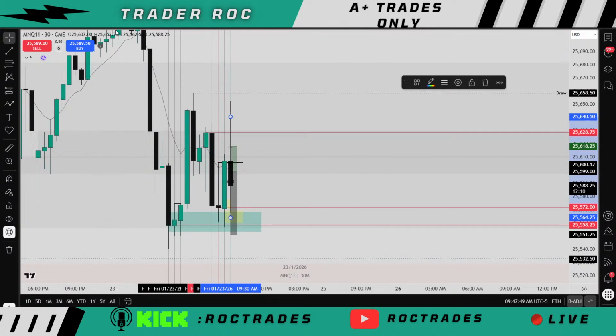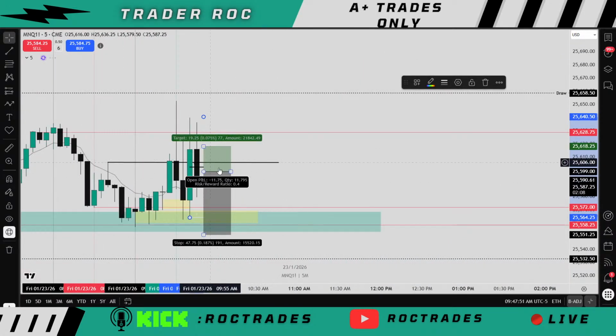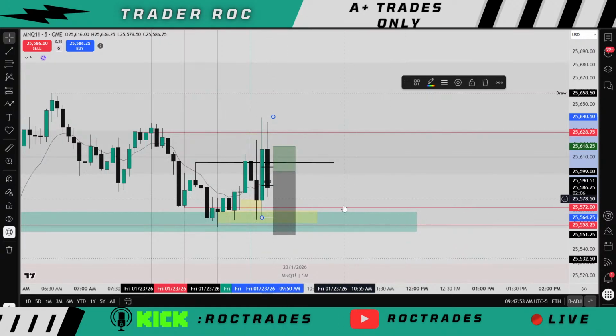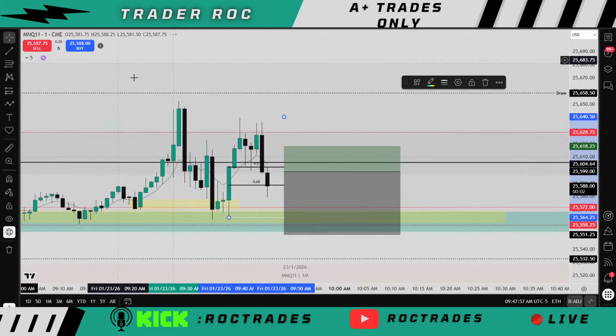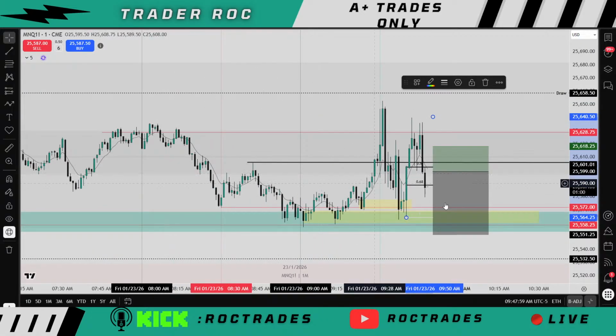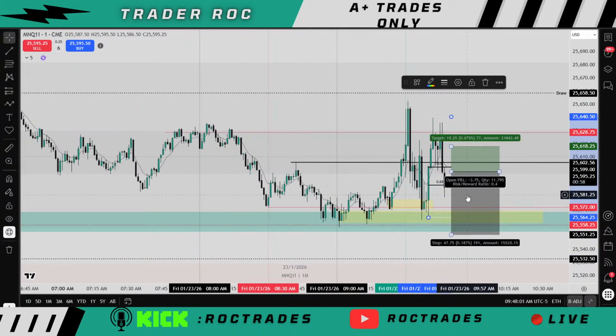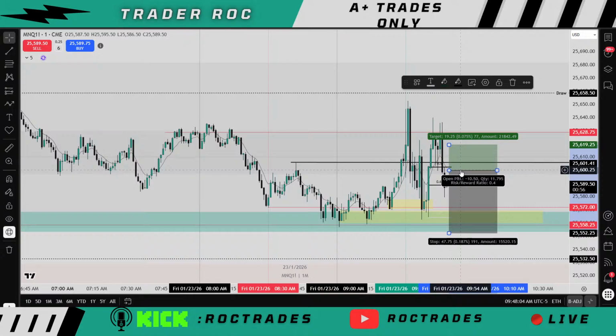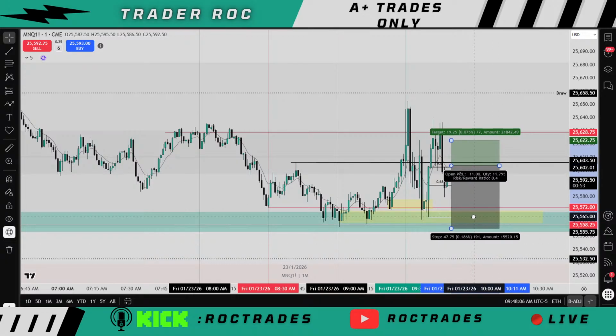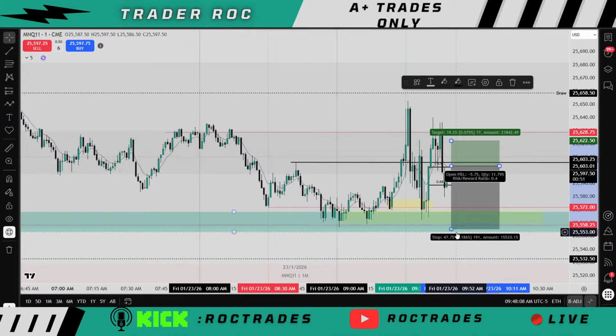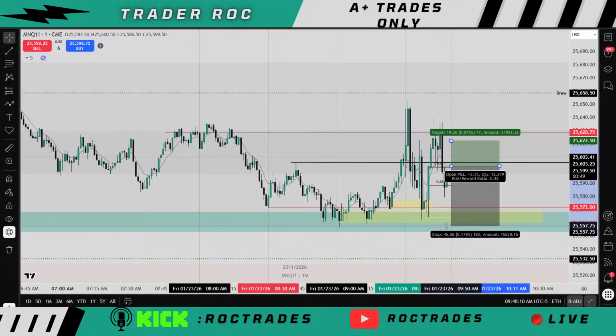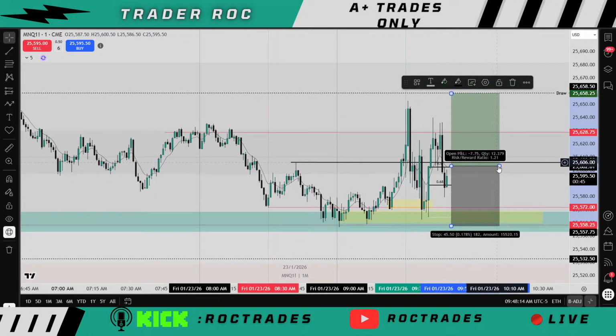And vice versa, right? If this doesn't hold, then what's going to happen is you're going to see this level here get broken. And that'll create that bearish profile. All right, what price would this be? 25,600, 602, 45 point stop. I'm looking for something like that.